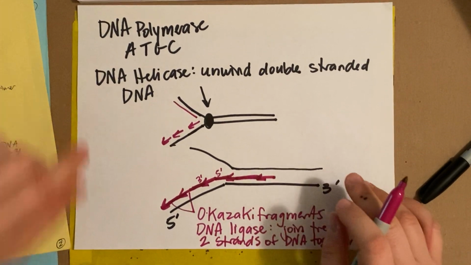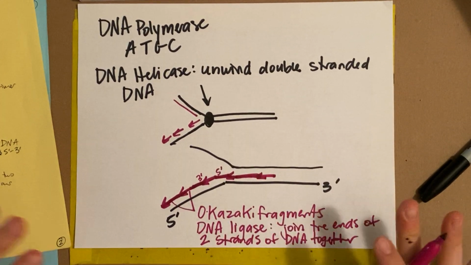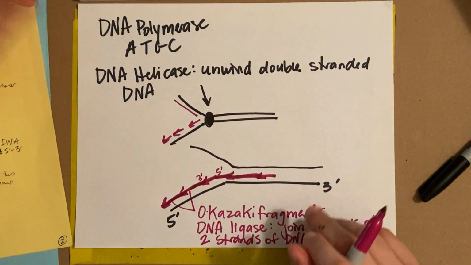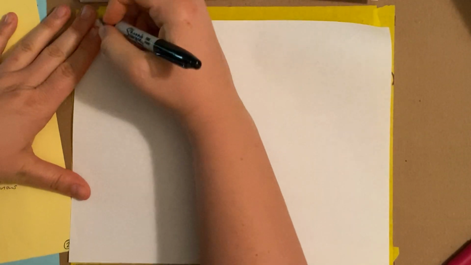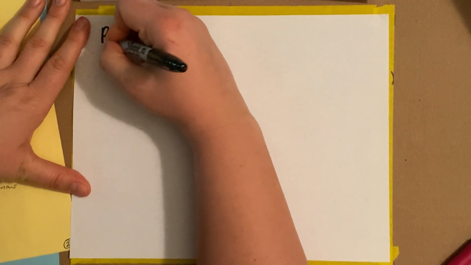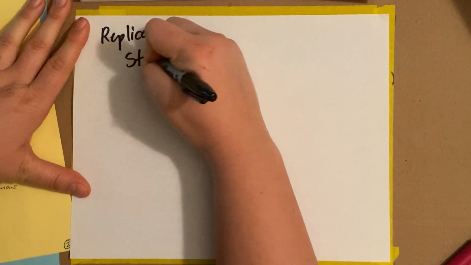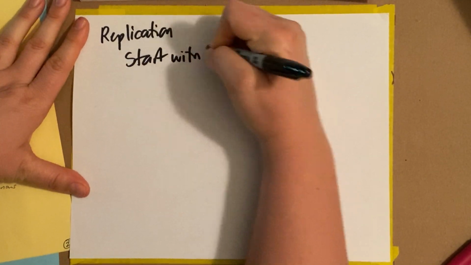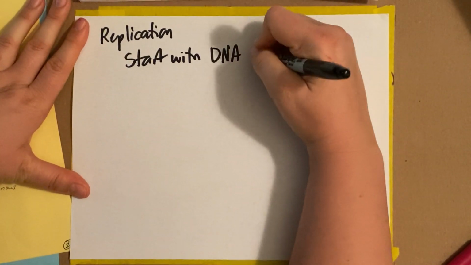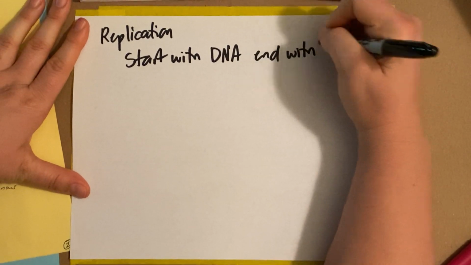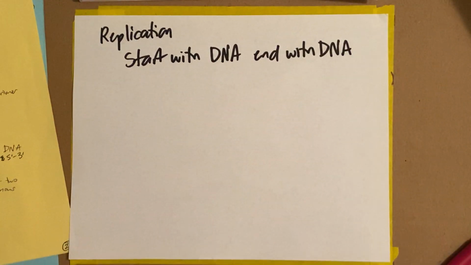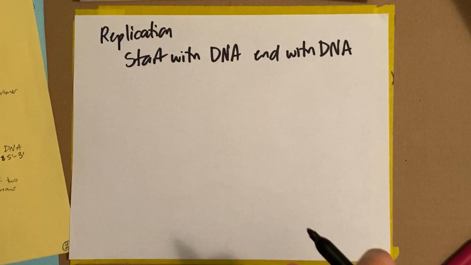All right. So that is going to be the main thing you're going to need to know about replication. So big things about replication. Okay, you start with DNA, you end with DNA. Okay, so you're not making a new nucleic acid in the sense like a new type. You're just making more of the same stuff.